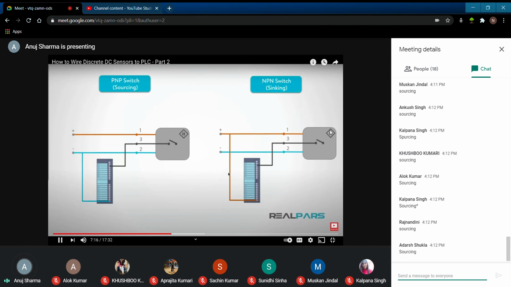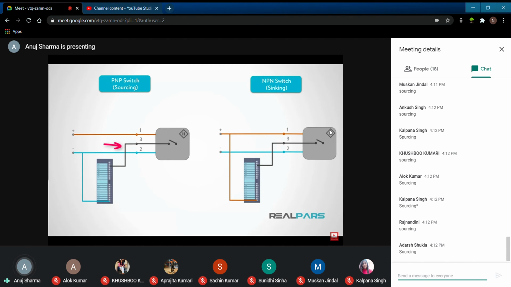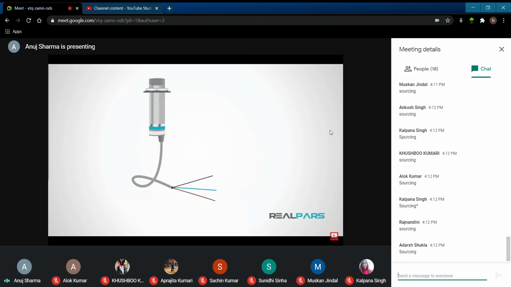Sensors have 3 wires. Wire 3, the black wire, is always connected to the load, which is the terminal for an input on a PLC digital input card. In this simplified diagram of an inductive switch, there are 3 wires: 1 brown wire, 1 blue wire, and 1 black wire.